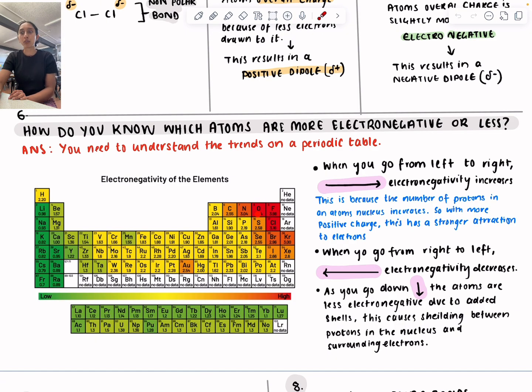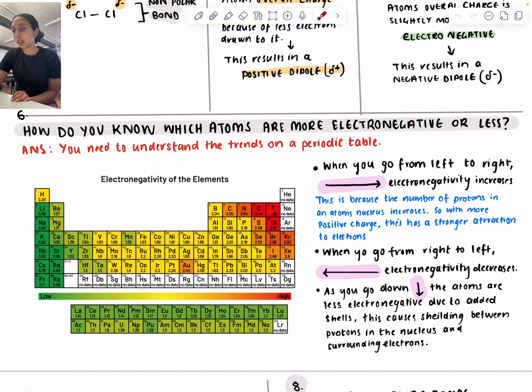And so because you have more protons in the nucleus, this has a stronger attractive force to any surrounding electrons around it. And so the more protons you have as you go from left to right, the greater electronegativity of that atom.